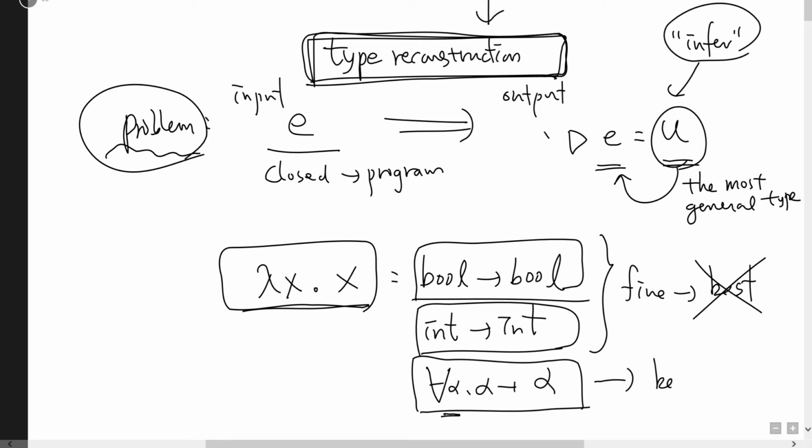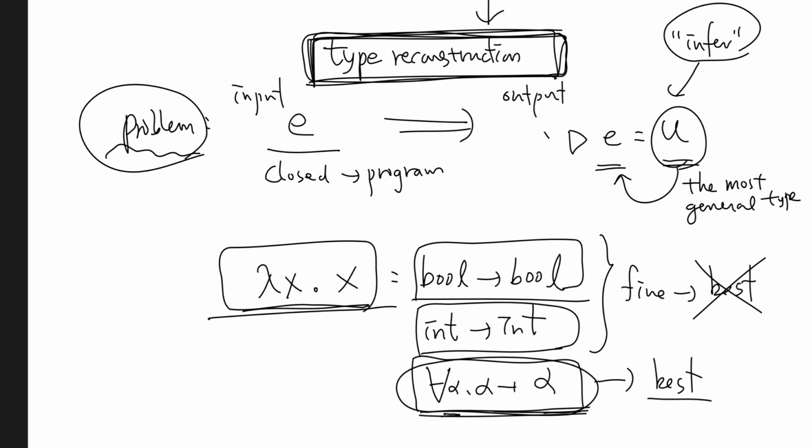This is the best answer that we can find for the given expression, in that this is the most general type. So our type reconstruction algorithm should return a polymorphic type for all alpha, alpha arrow alpha for the given expression like this one.